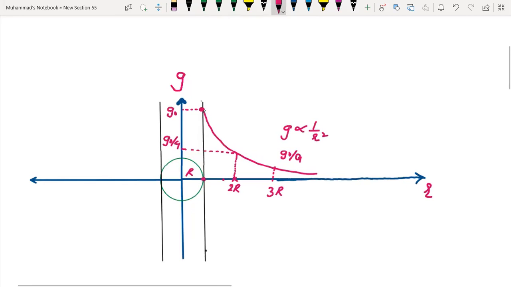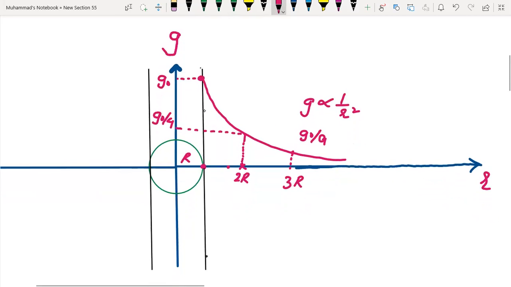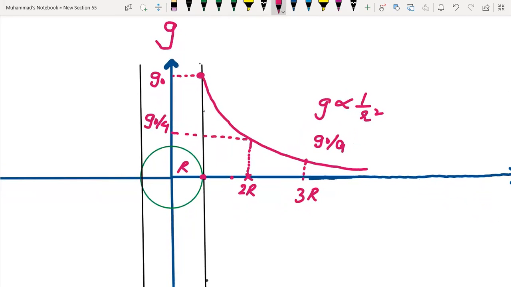Inside this planet, g is proportional to r. So if I want to plot gravitational field strength inside this planet, I want to see how the gravitational field strength varies from the center of this planet to this point. That is proportional to r, and it will have a straight line relationship.